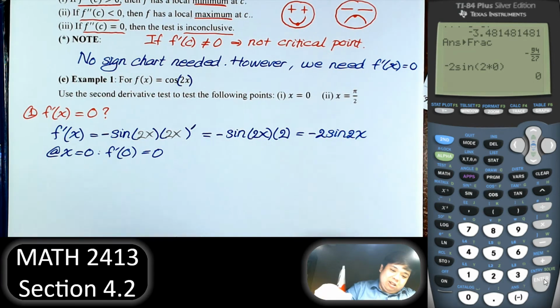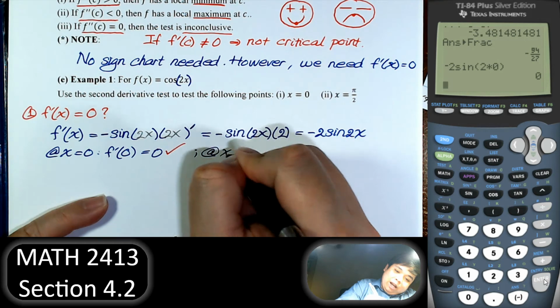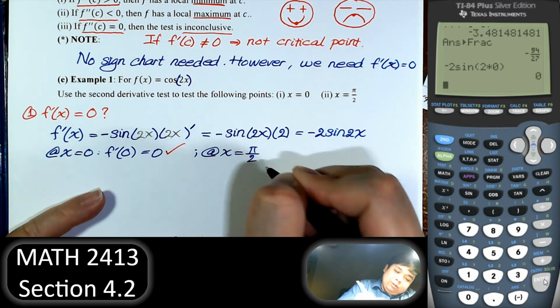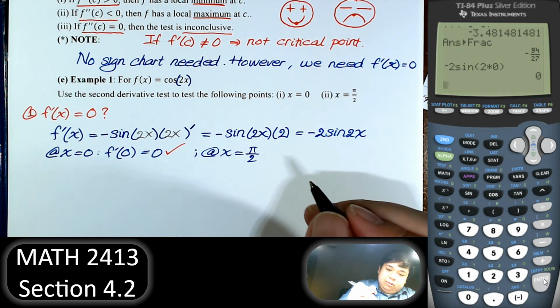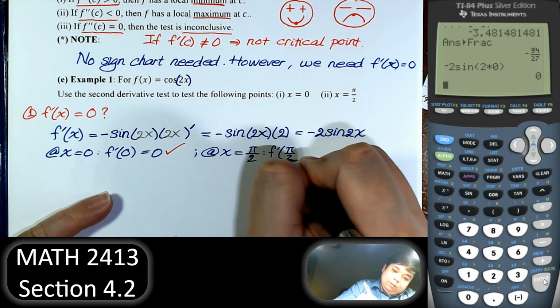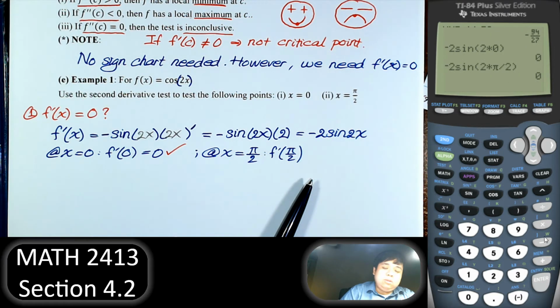So yes, that checks. How about when x equals negative pi over 2? So we have that function, and that equals 0.